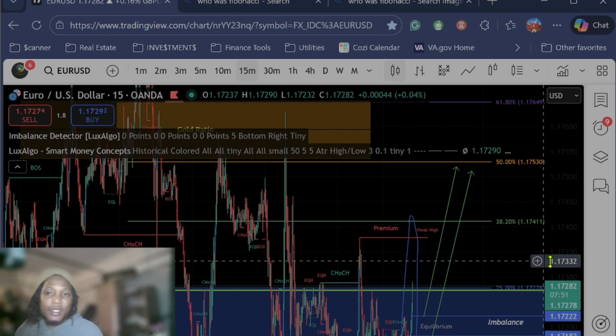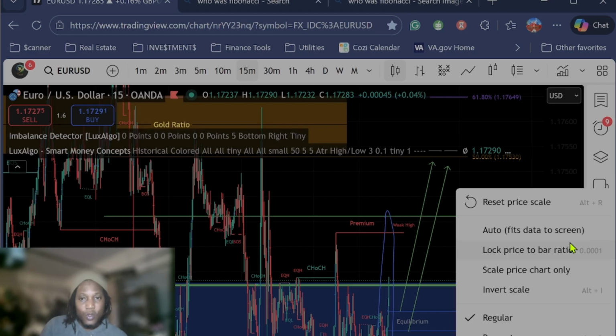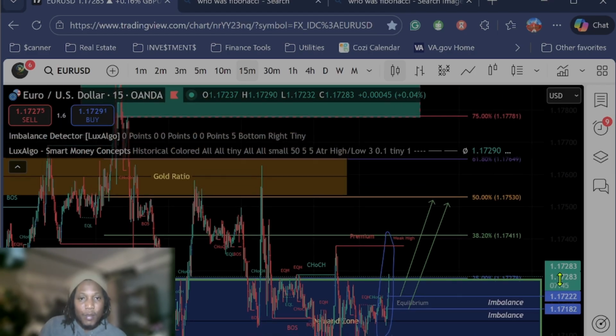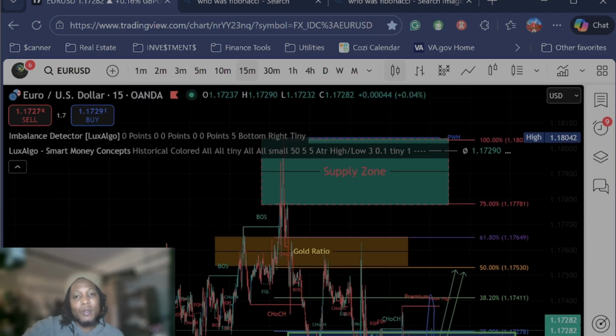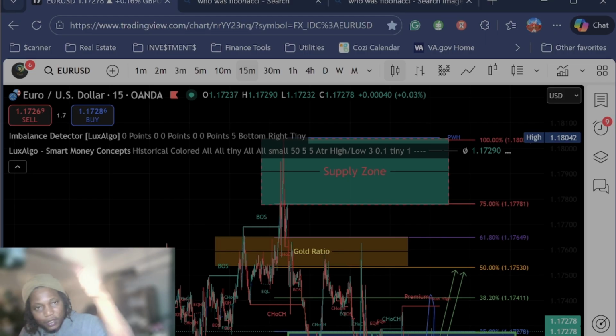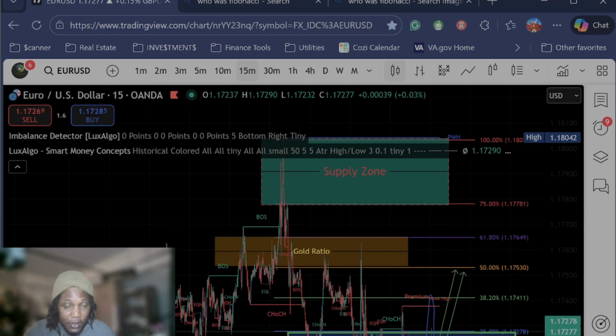We could follow this and see what happens during the week. But this is how you trade. And then proper risk management. The goal is to get from demand to supply, so eventually throughout the week we're looking to take higher positions. You get what I'm saying?